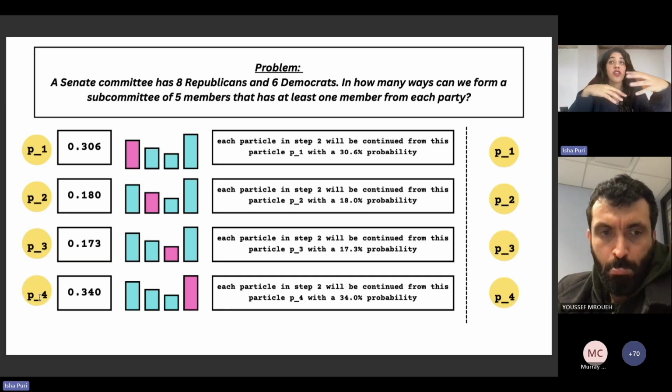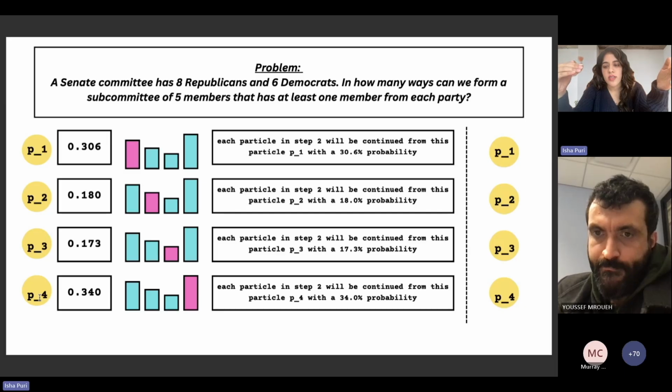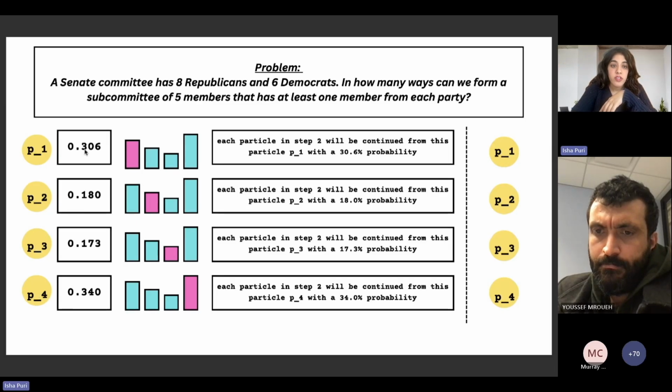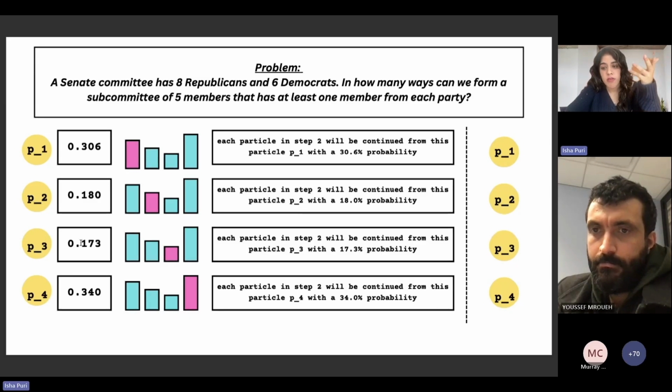In beam search, you're blindly just taking the highest reward scores and only unrolling those, only continuing those reasoning trajectories. In this situation, we're sampling. So these 2 answers do have higher scores, and so they will have a higher probability of being resampled, but there is still a smaller chance that these 2 particles, even if they got lower scores, will have the chance to be continued as well.